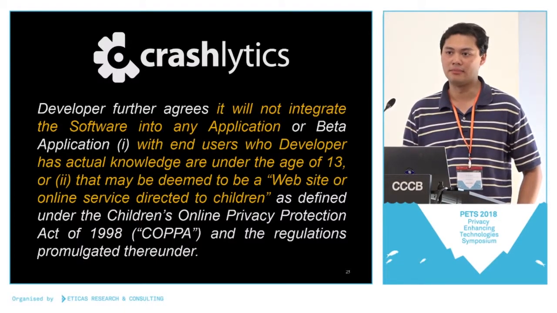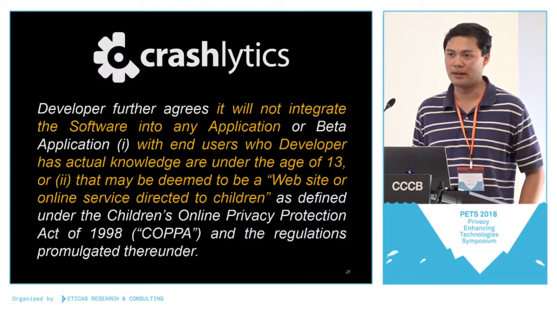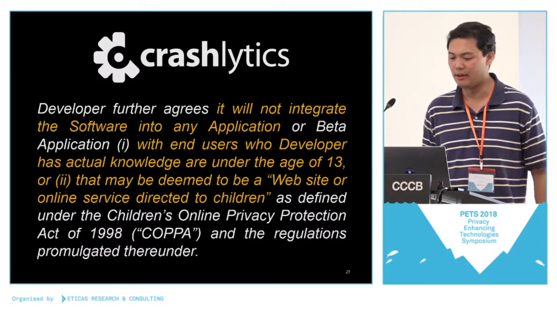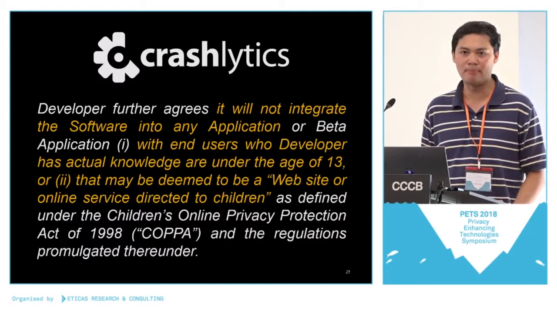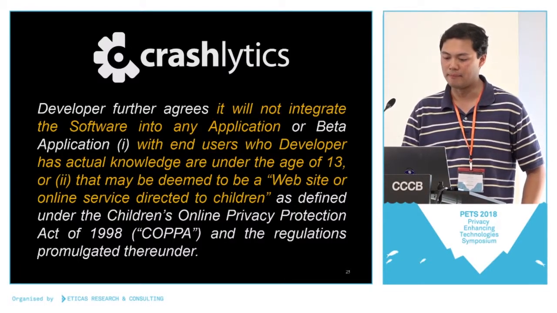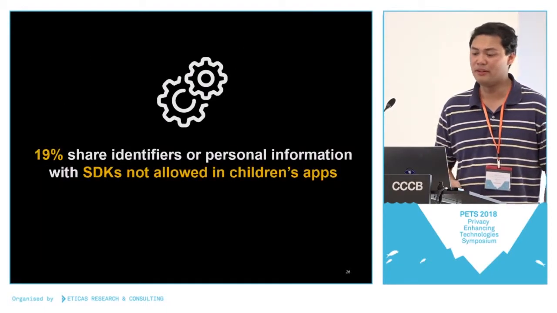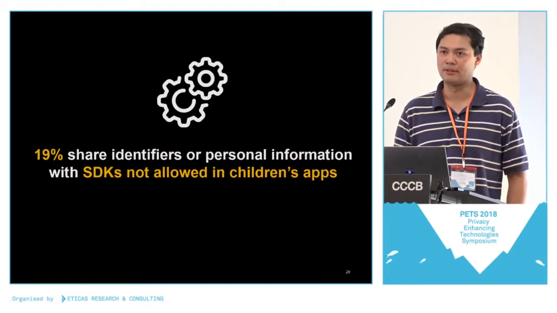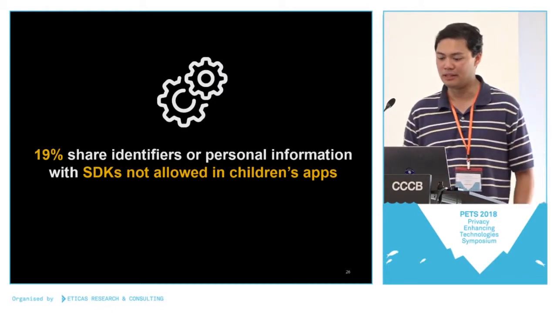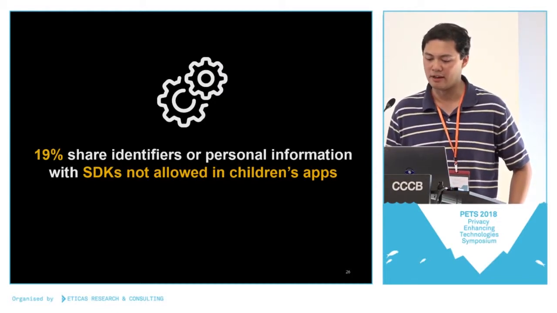Presumably, this is because these services are collecting and processing data in ways that may be prohibited by COPPA, and so these services just don't even want to deal with children's data. However, we found nearly 1 in 5 DFF apps sharing personal information or persistent identifiers with these verboten SDKs, as we like to call them.